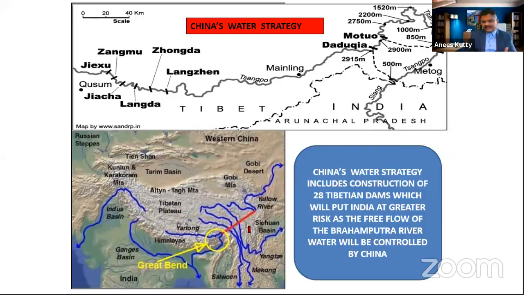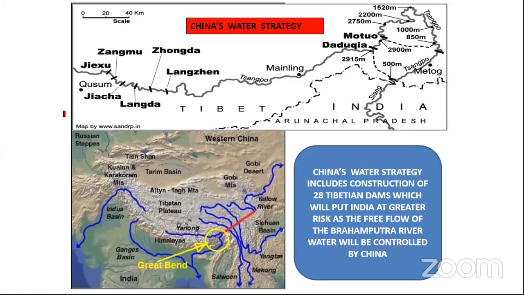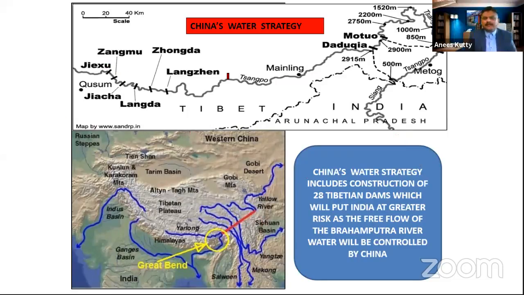Because Bangladesh, most of Assam, and Arunachal Pradesh depend totally on the Brahmaputra basin for economy, social activity, and agriculture. And in order to challenge India, China is planning to build a number of dams on the Brahmaputra river. Therefore, we have to understand this China strategy.